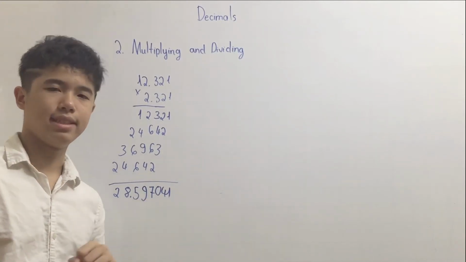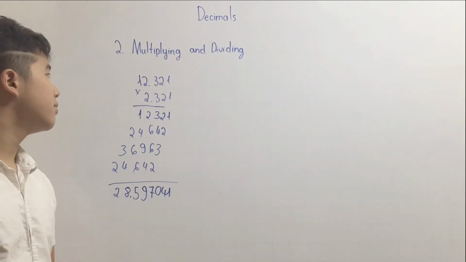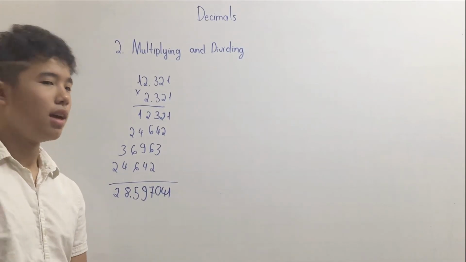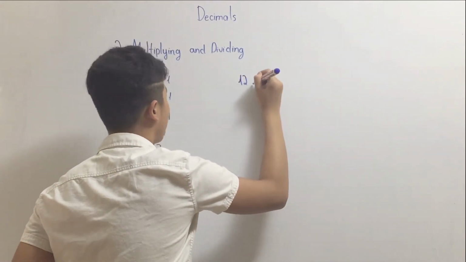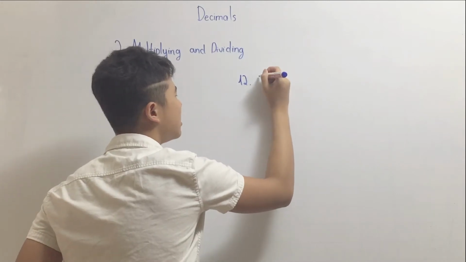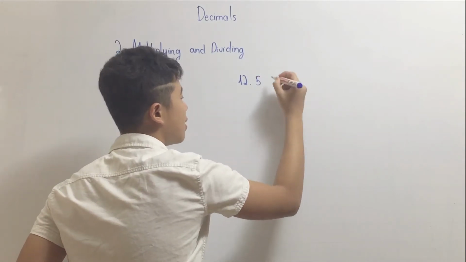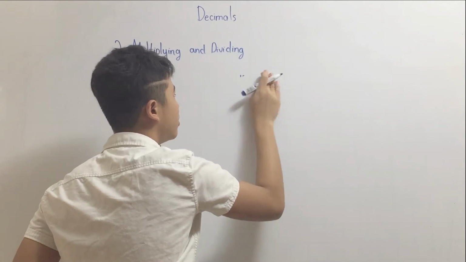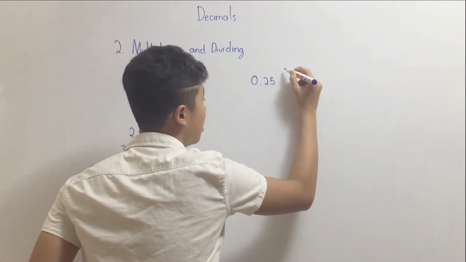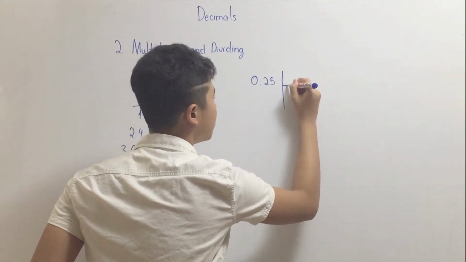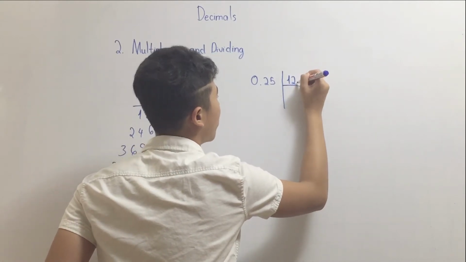That is the answer. And dividing is pretty common too, but you must know one rule. Let's take 0.25, and then divide by 12.5.